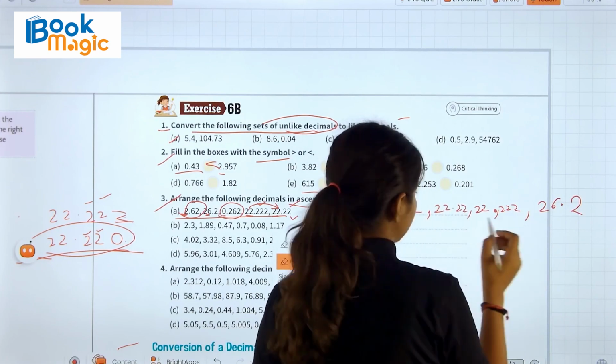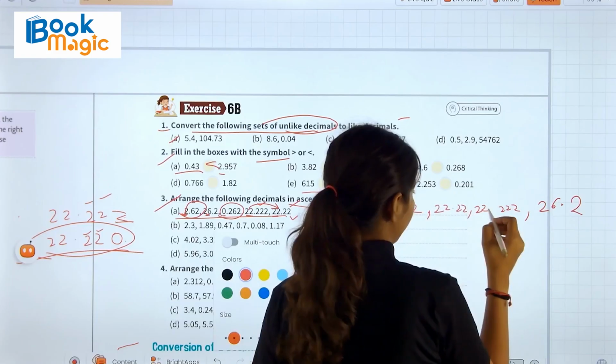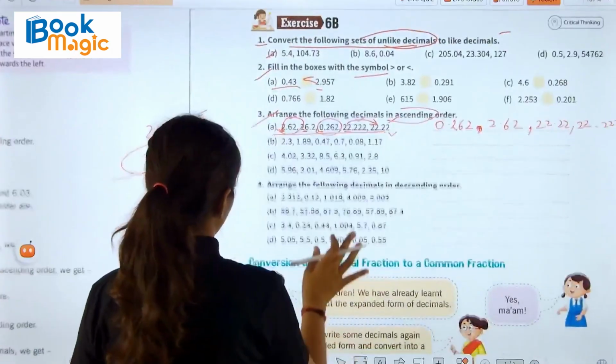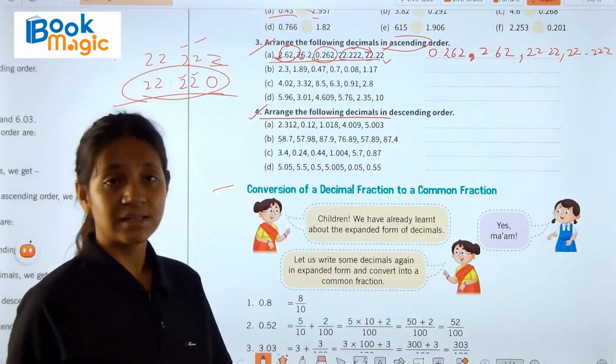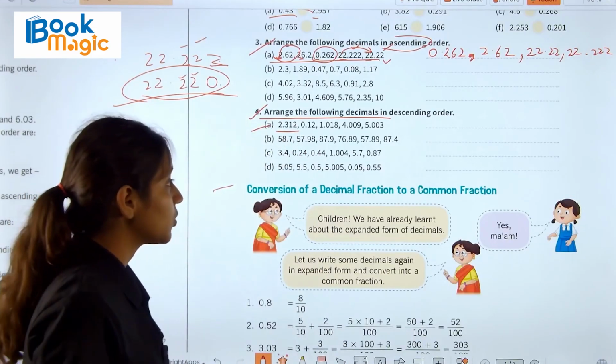This is how we will write the values. Firstly, we have to make them into like fractions. Then we have to judge them by comparing them. Now we have question number 4. Arrange the following decimals in descending order. So here we have the values 2.312, 0.12 and so on.